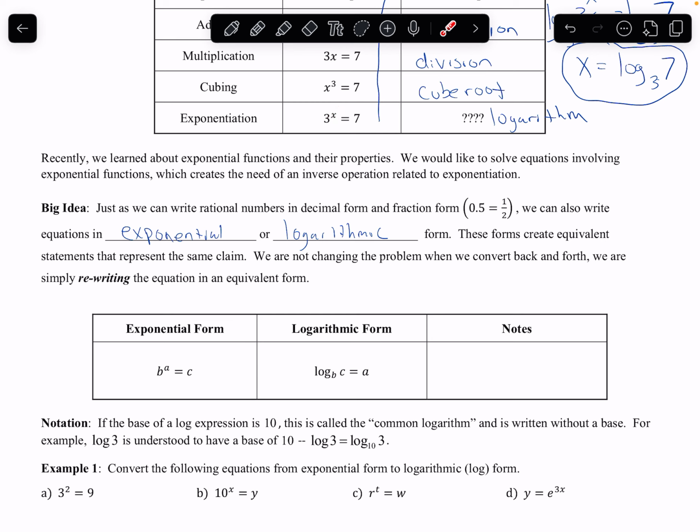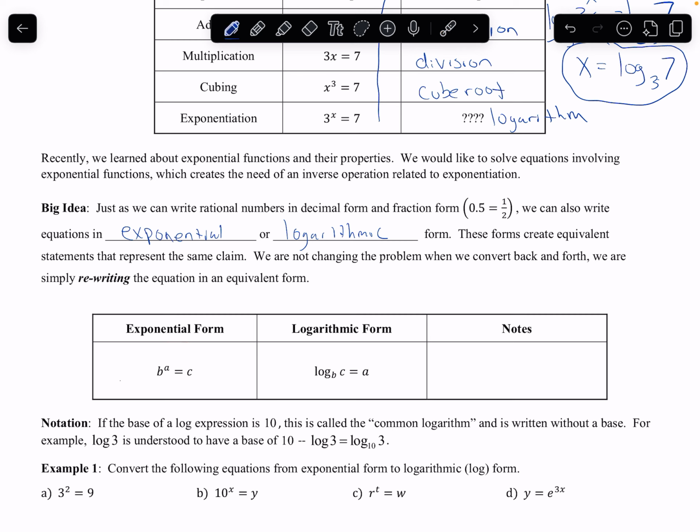I'm going to do the same thing here. I need to get that a all by itself. Well, to do that, I have to use the opposite. Algebra is always about doing the opposite, doing the inverse. This is an exponential. The opposite of an exponential is a log.